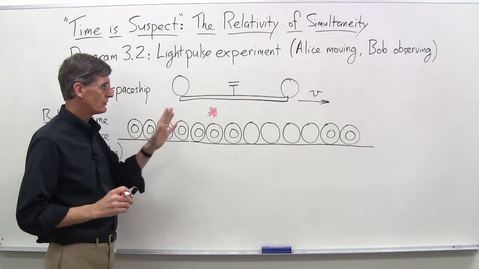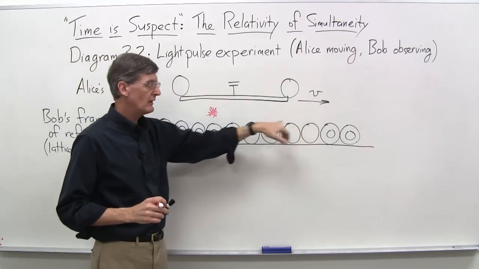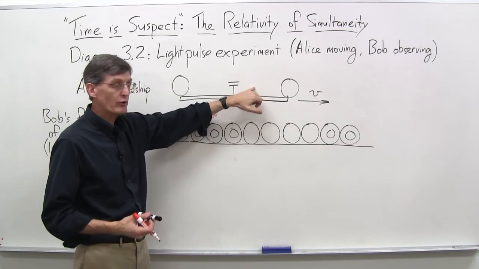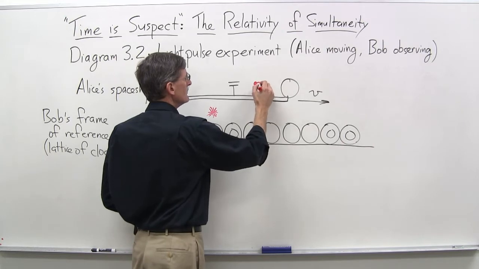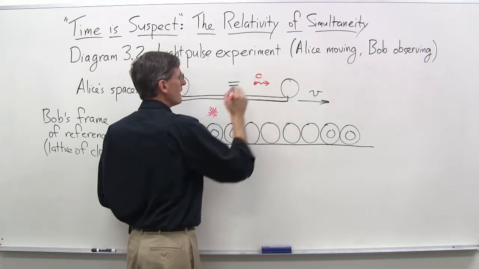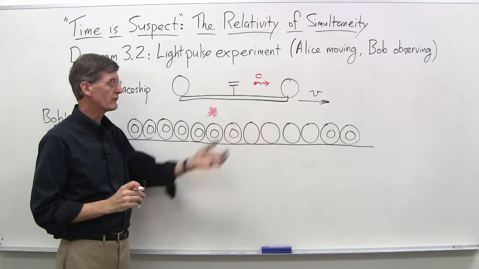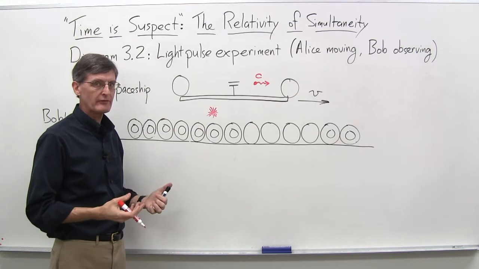Okay? If you have your light pulse gun here, and it's moving with velocity v, and you shoot a light pulse out, unlike a paintball, that light pulse will still be traveling at velocity c. It will not be c plus v. It's just velocity c.